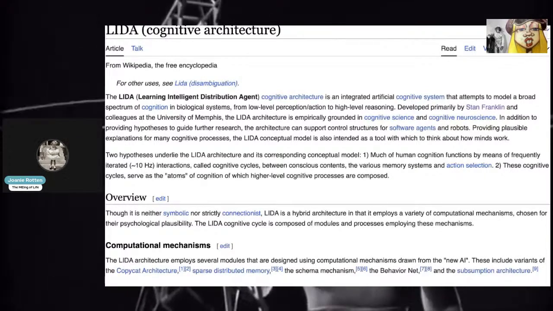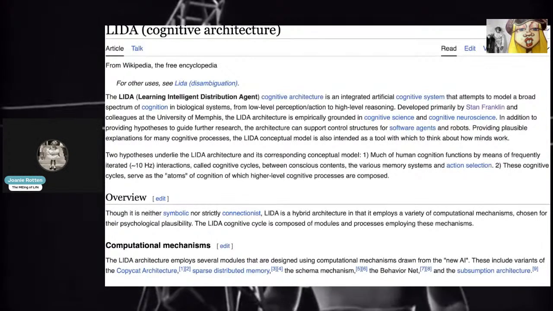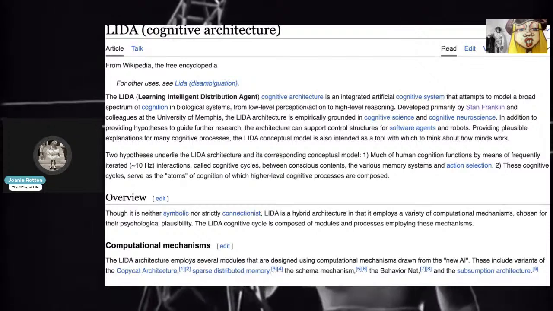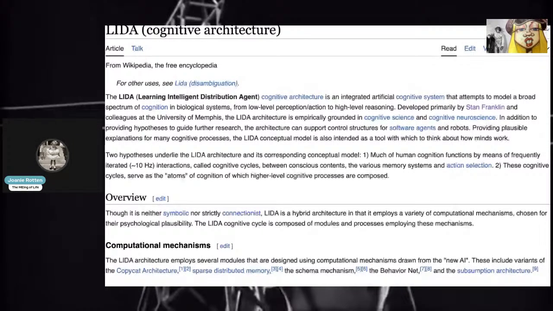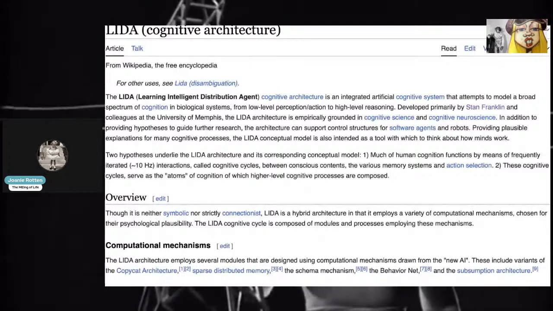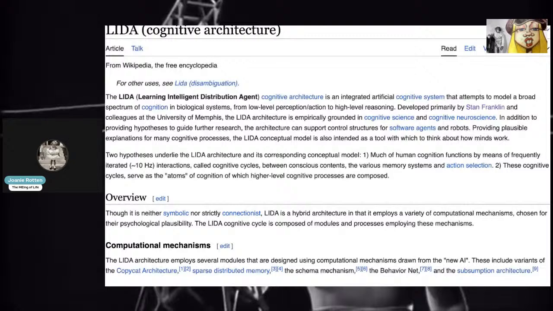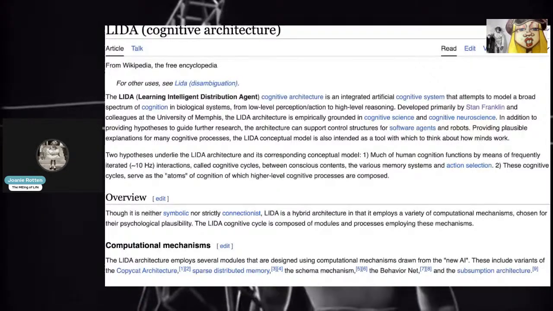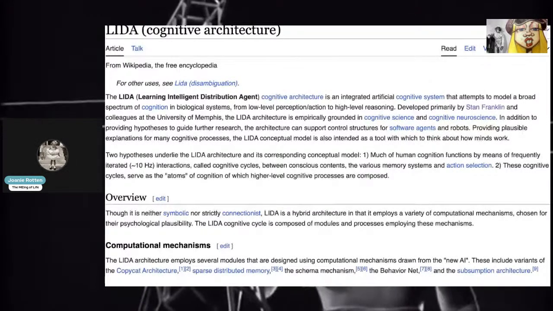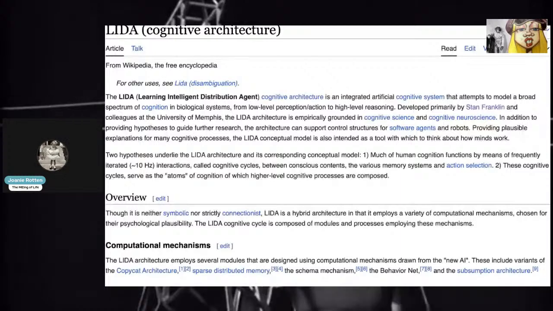So the Learning Intelligent Distribution Agent, or LIDA for short, cognitive architecture, is an integrated artificial cognitive system that attempts to model a broad spectrum of cognition in biological systems, from low-level perception and action to high-level reasoning. Developed primarily by Stan Franklin and colleagues at the University of Memphis, the LIDA architecture is empirically grounded in cognitive science and cognitive neuroscience.